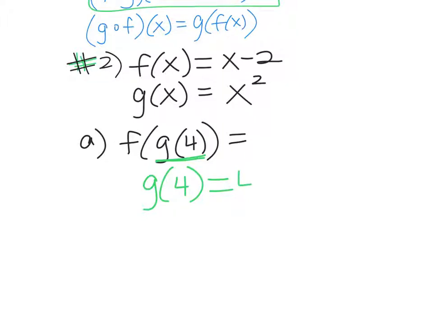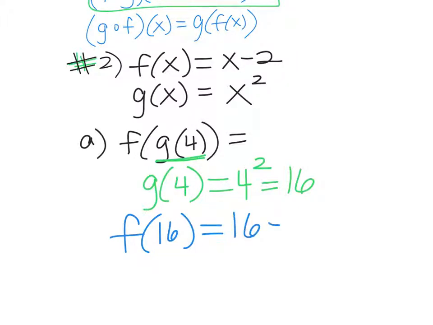So I would get 4 squared, which is 16. Now I'm not done. Now I need to evaluate F of 16. F of 16 would be to take 16 and plug it into function F. 16 minus 2, your answer is 14.